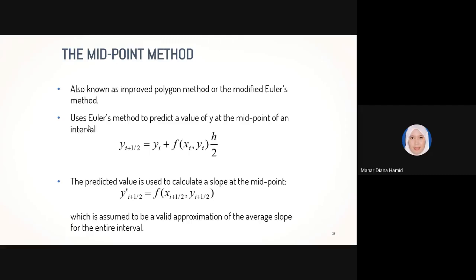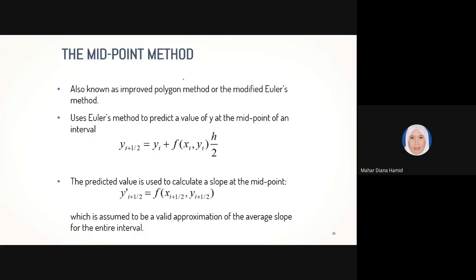For Heun's method, we have two slopes, at the start and end of the interval, which are averaged to get the slope for the entire interval. For the midpoint method, we predict the value of yi plus 1 using the slope at the middle of the interval.